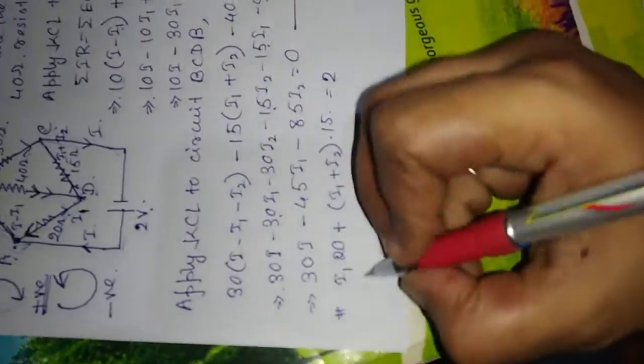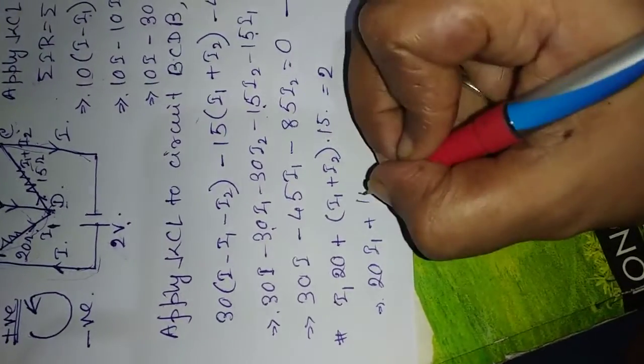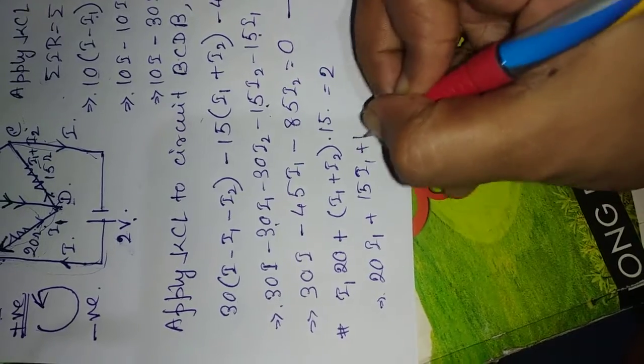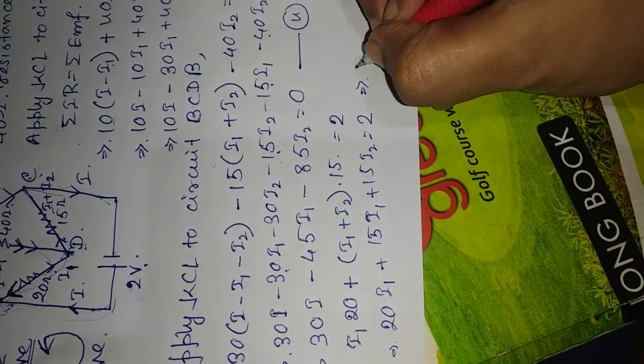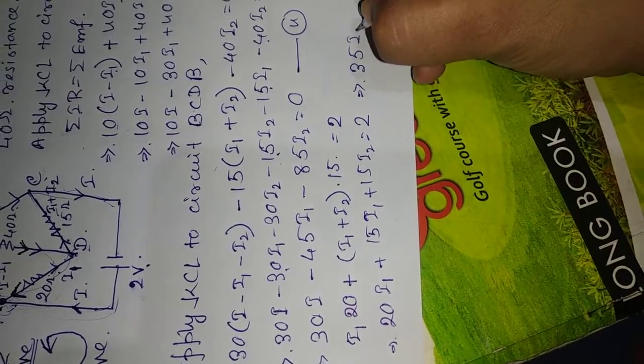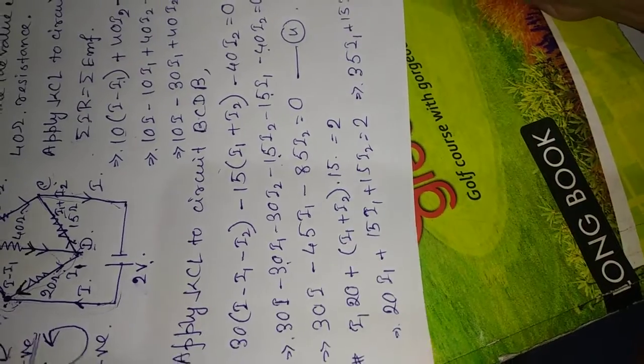Here 2 volt is the voltage drop. So what I am getting? 2I1 plus 15I1 plus 15I2, that is equal to 2. So 35I1 plus 15I2 equal to 2.